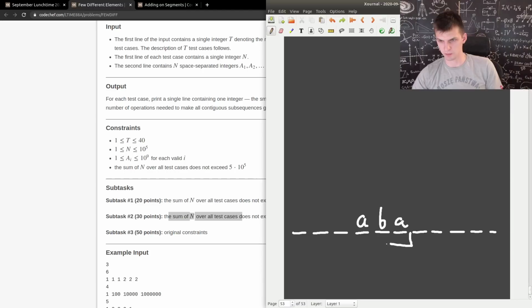If the last three elements were A, B, A, this must be B or A. If it's not, then I need to change it to one of them. Change this to B, change this to A, and then eventually this is A. Then I start from here.